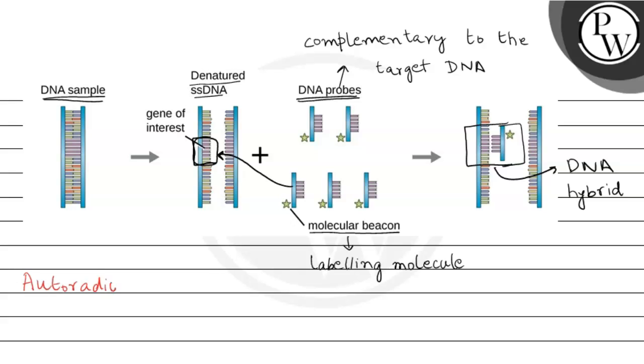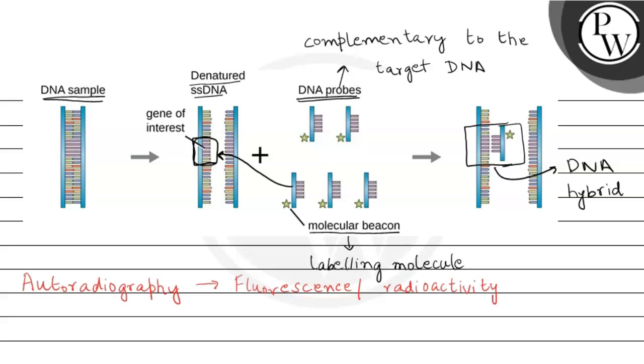So, with the help of autoradiography, we can identify whether the probe has bound to the target DNA. So, if the probe has bound to the target DNA, then we will observe fluorescence or radioactivity depending upon the type of labeling molecule that is utilized.